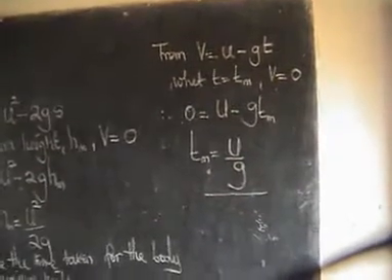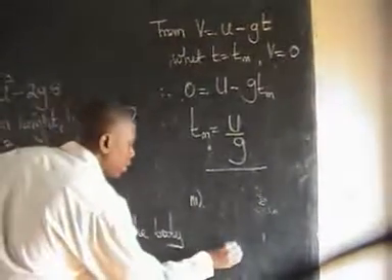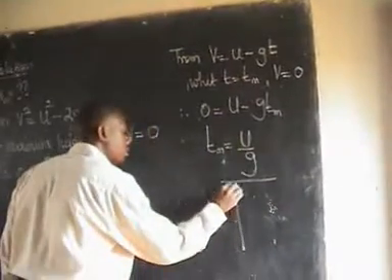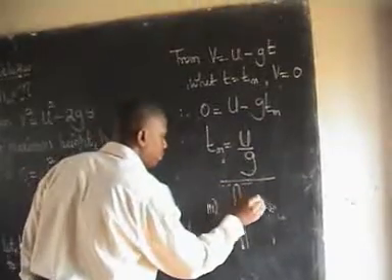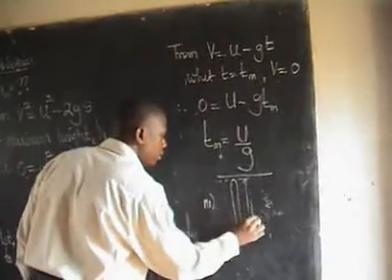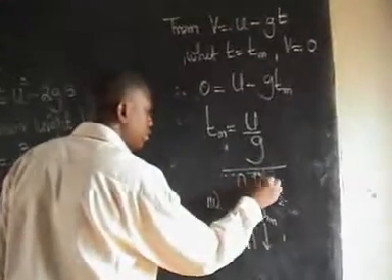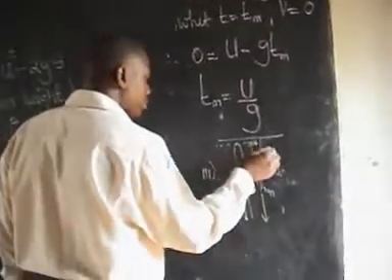Lastly, Roman 3. If this was our point of projection, the body goes and then it returns. We have so far obtained this value HM. We have also obtained this value here when the velocity v is 0.